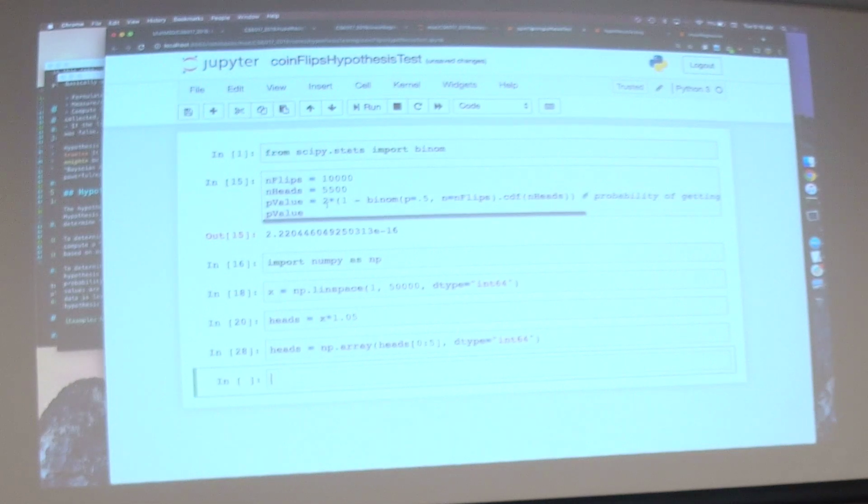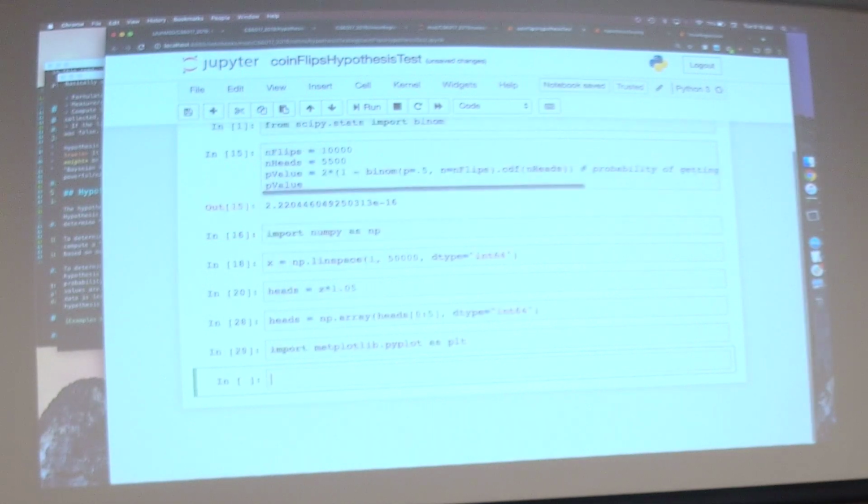Okay, and then we'll plot this p-value for n. So we're just going to plot x versus here.